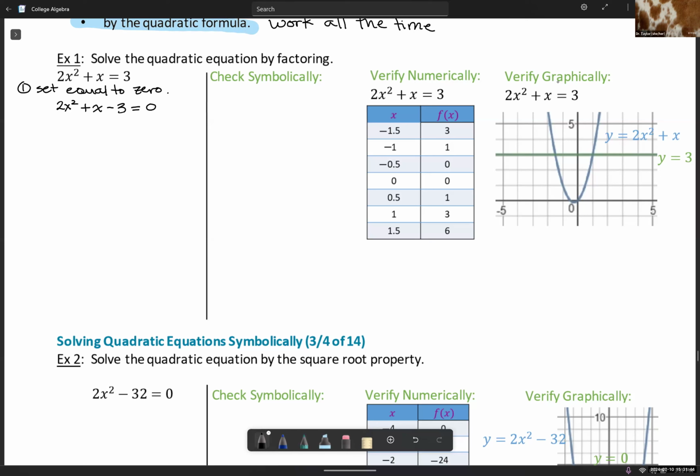All right. Now, in order to factor this, we're going to use something called the AC method.